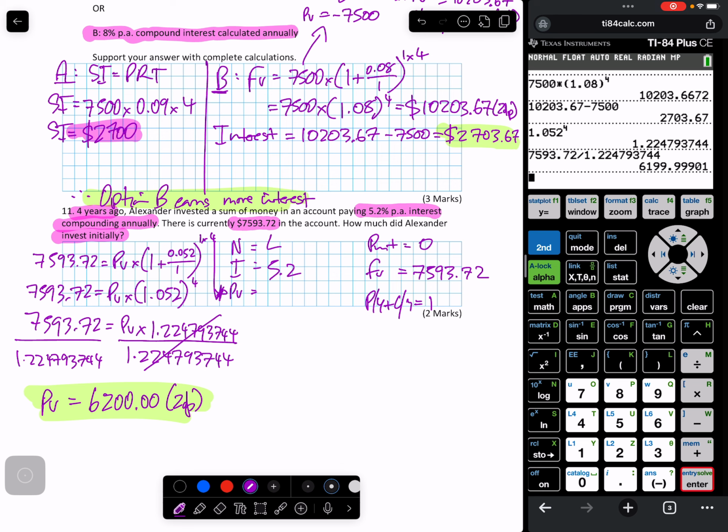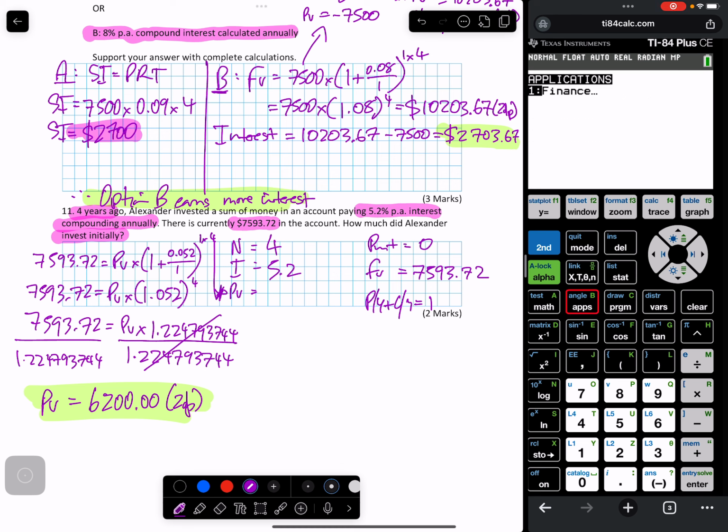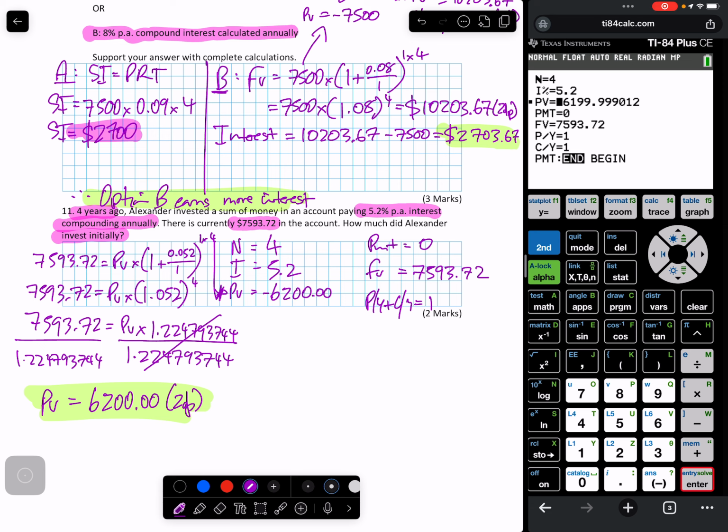N was 4 years ago. Apps, finance, TVM. 4, 5.2, don't know what PV is, that's what I'm going to solve for. FV is 7593.72, 1 and 1. PV, alpha, enter. So you see it spits out the exact same thing, negative 6199. Once again, that's going to round to 6200 to 2 decimal points.